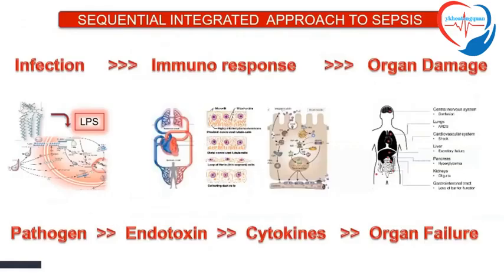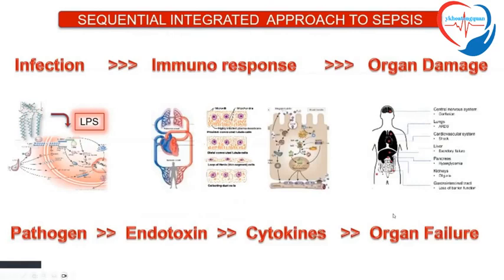Now, I want to show you our idea of the possible sequential integrated approach to sepsis, based on the fact that we move from infection to immunodysregulation to organ damage. At the beginning, we have the pathogen, then we have endotoxin, then we have cytokines, and then we have organ failure.